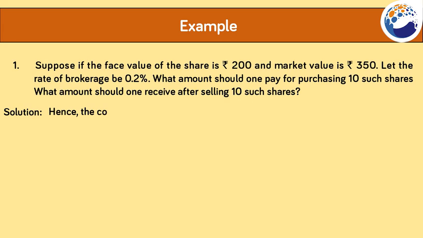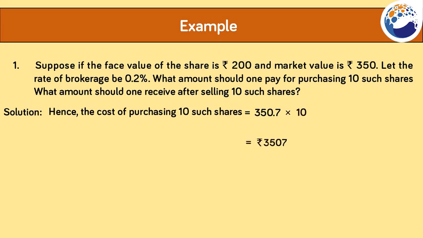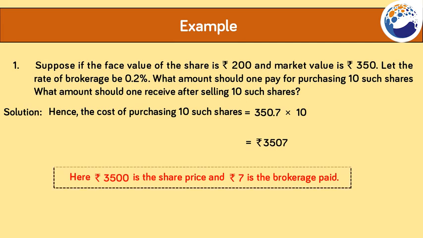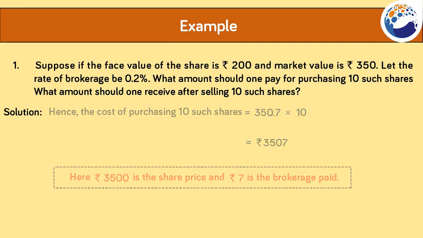Hence, the cost of purchasing 10 such shares is equal to 350.7 into 10 is equal to Rs 3,507. Here, Rs 3,500 is the share price and Rs 7 is the brokerage paid.